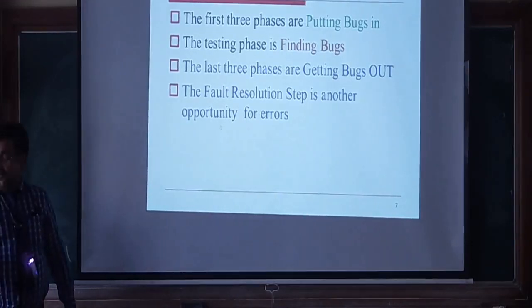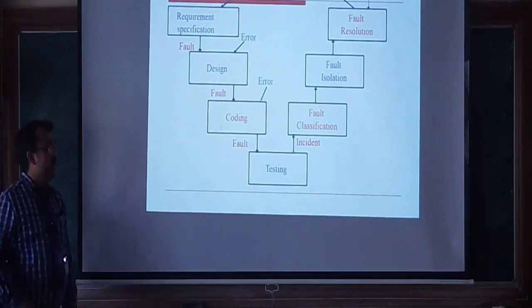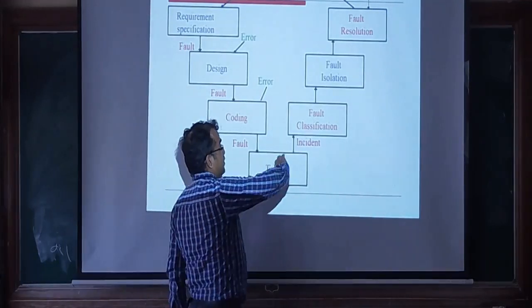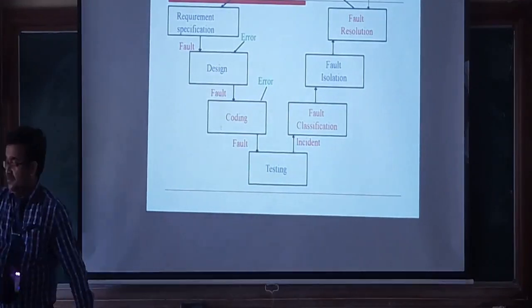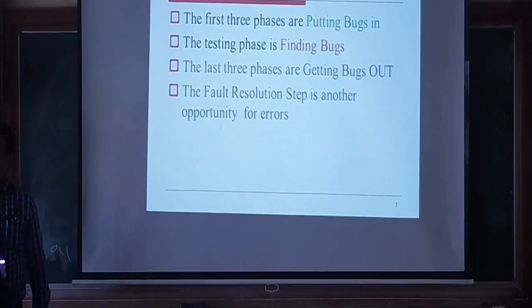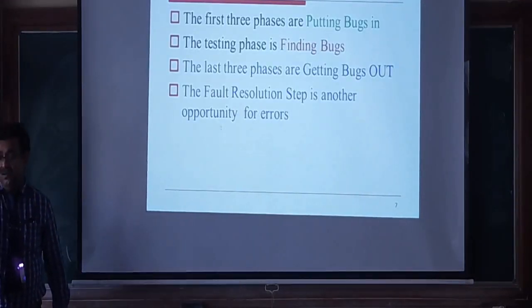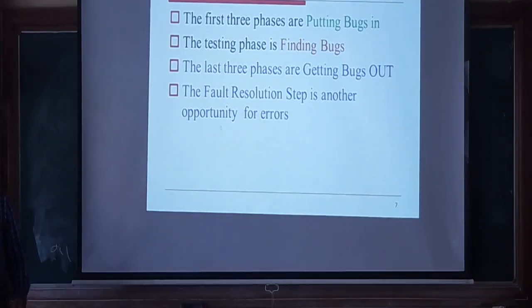That is, after finding the bugs, we remove the bugs with the last 3 phases here. And as I told you, the fault resolution step is again another opportunity for an error, a mistake to occur. If we fail to properly fix the bug, then obviously we are setting some mistakes again in the system.